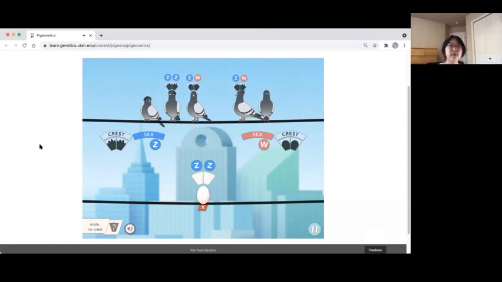Just to reiterate, maybe that was a little too confusing. If you think about it in terms of letters, what is the crest? What letter is represented?